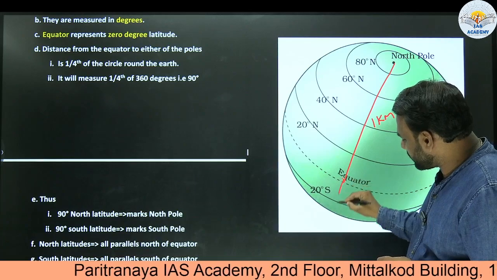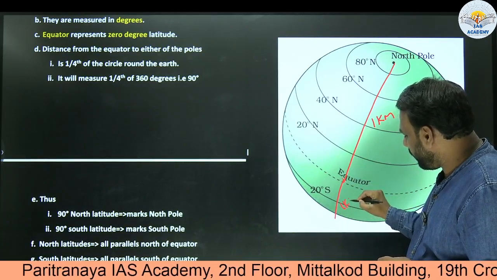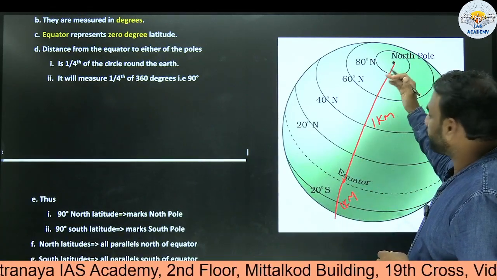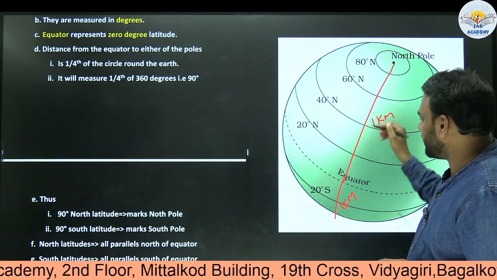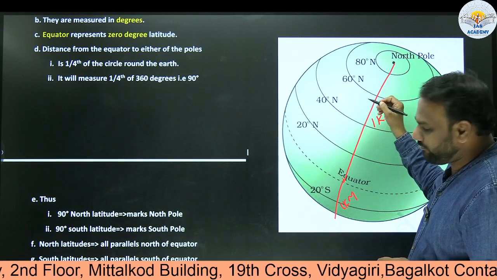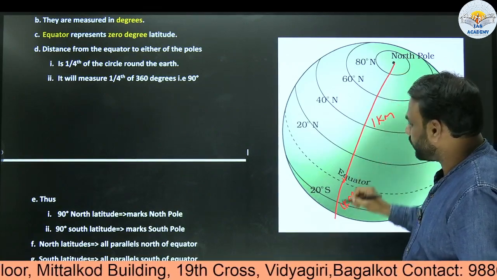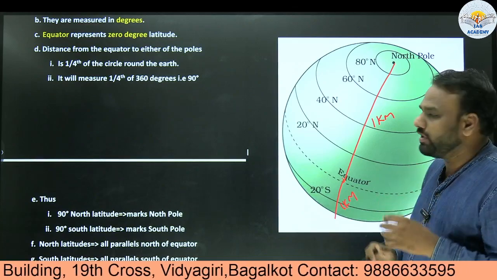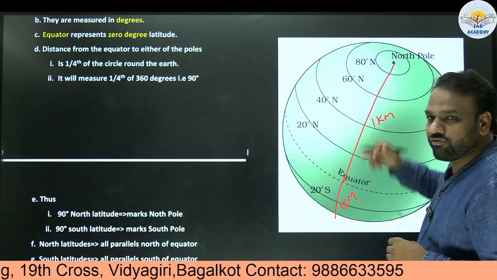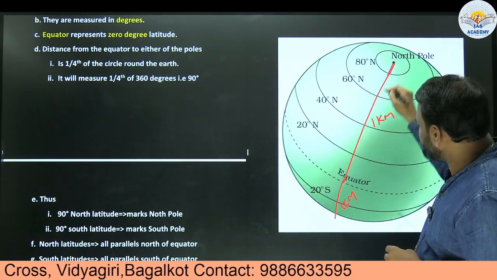The distance from the equator to the south pole will also be 1 kilometer. From the north pole to the other side where it touches the equator, that will also be 1 kilometer, and from there to here, again 1 kilometer. So totally the circumference of the Earth will be 4 kilometer.